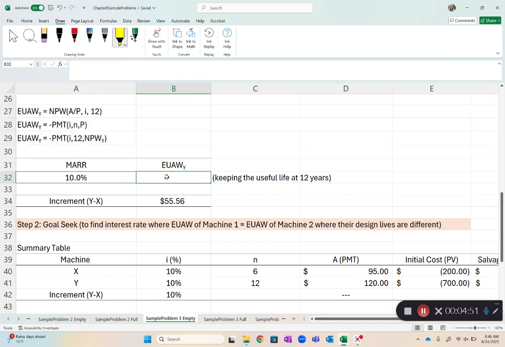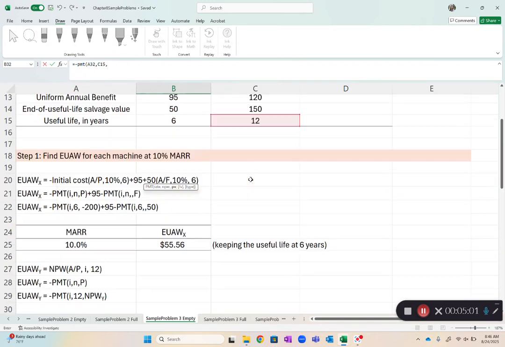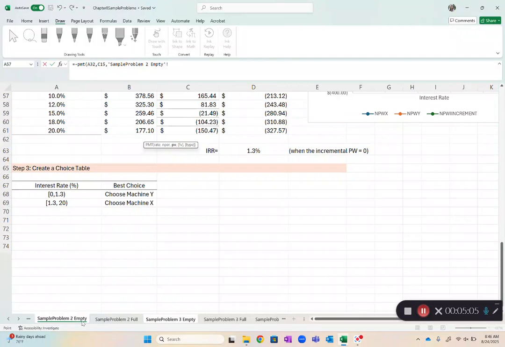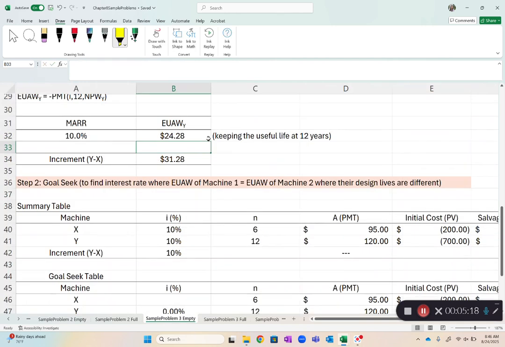I'm going to do that by saying negative PMT of my percentage rate, and this one's going to be 12 years. Okay, and then I want a present worth. So I'm going to go get it. In the previous example we did, I'm going to find 10% machine Y, and then I will close that percentage.